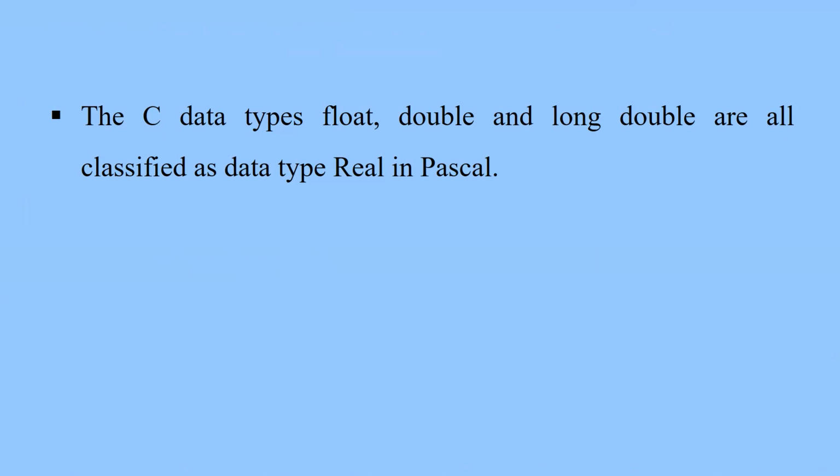My dear students and the rest of the learners, remember in my previous presentations in this series, I stated that reals are numbers that have decimal points or fractional parts. And therefore, in Pascal, they are simply called real. But in C, they include float, double, and long double. What's the difference? The difference is the size of the number or value that a memory location can accommodate.